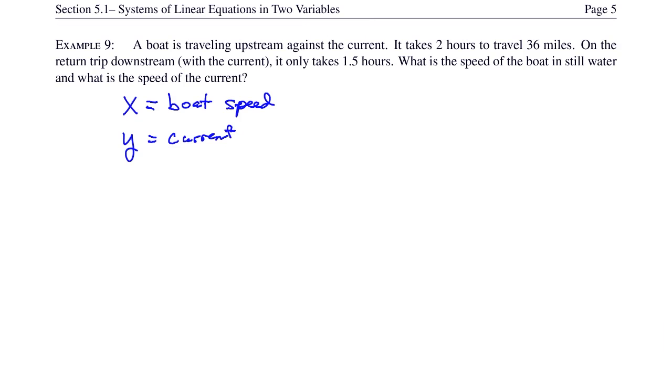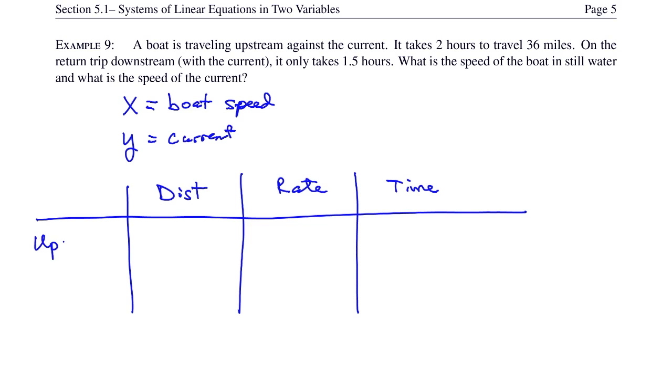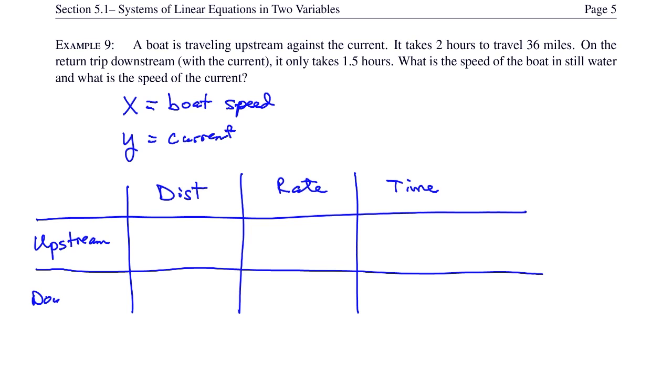From there, let's set up a table. So we're going to have distance, rate, and time. For my rows, let's have upstream and downstream.